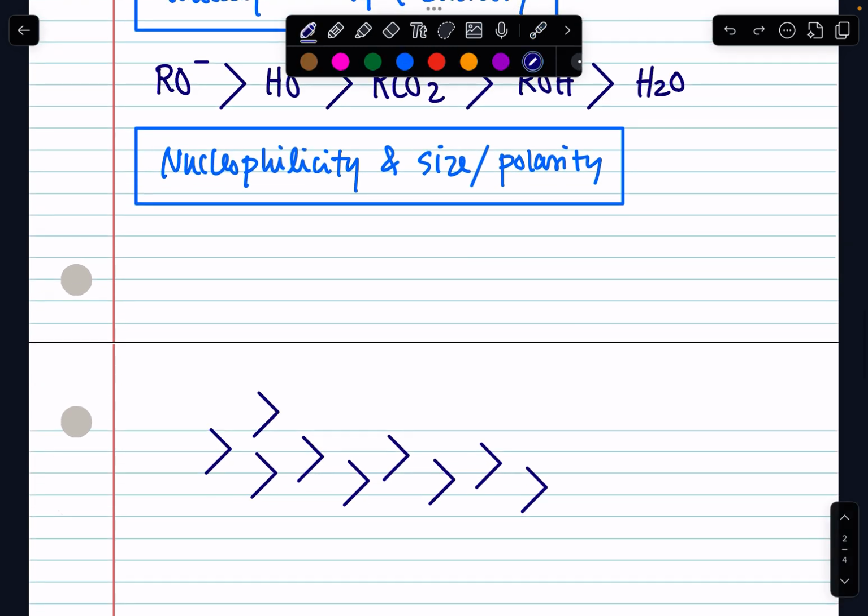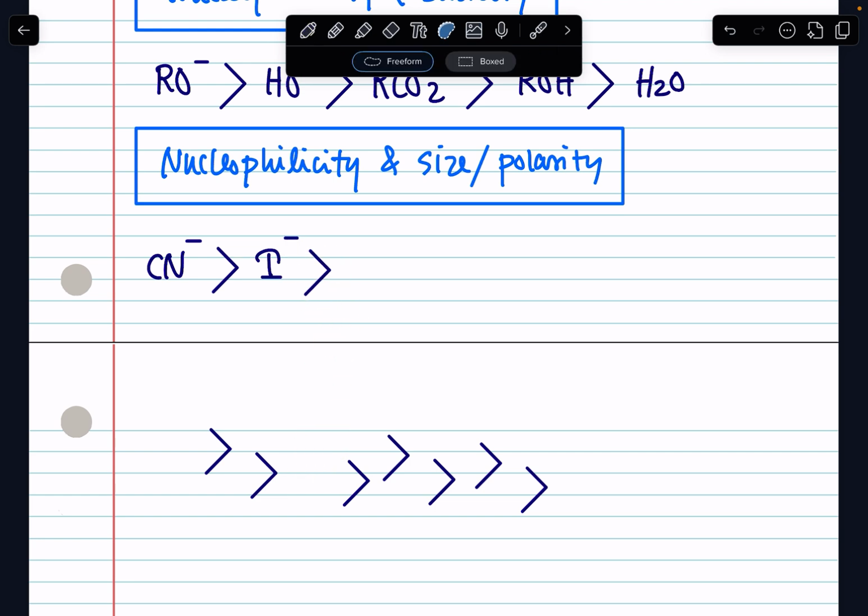Okay, so let's write down the trend. CN minus, that's called cyanide. That's the strongest nucleophile. It's I minus next. Then you have RO minus. Then you have OH minus. Then you have Br minus.